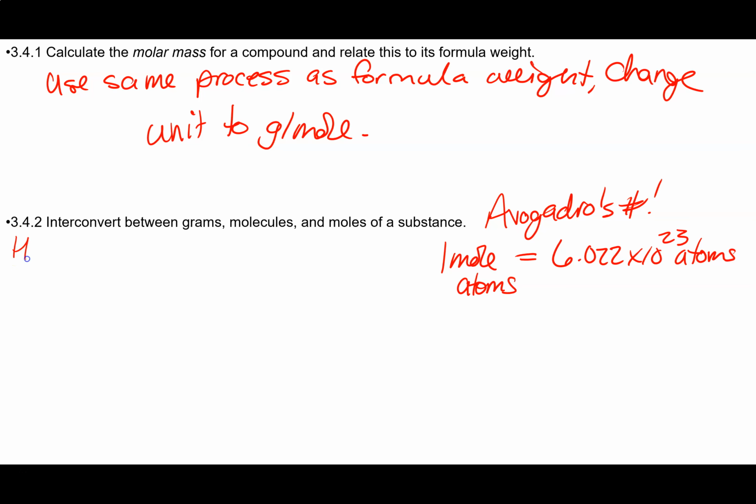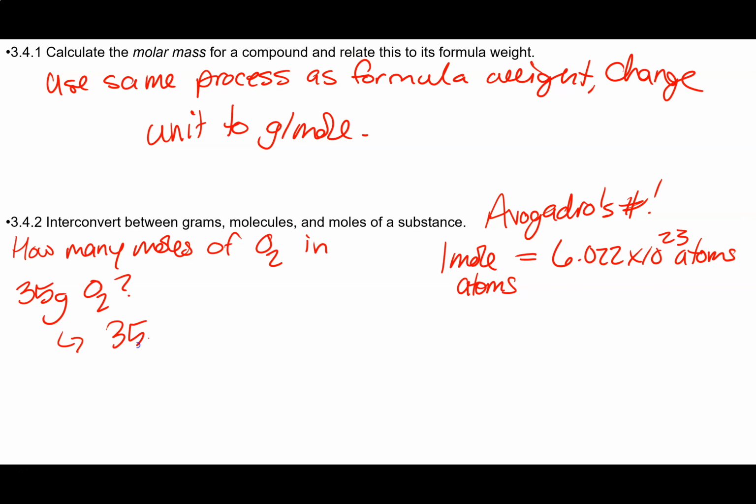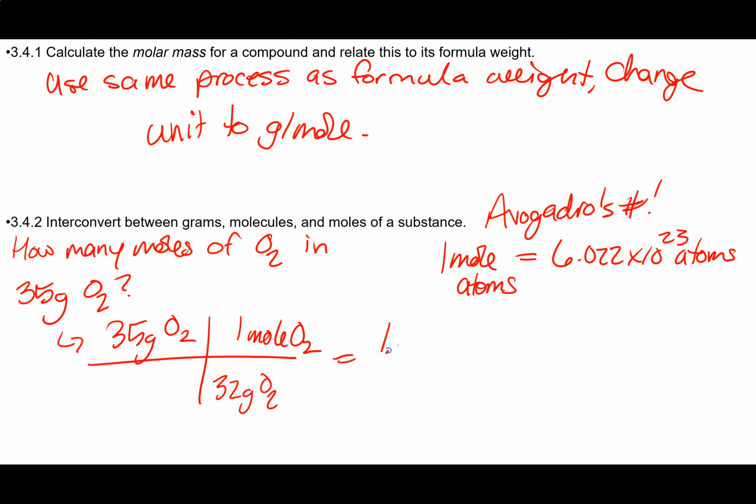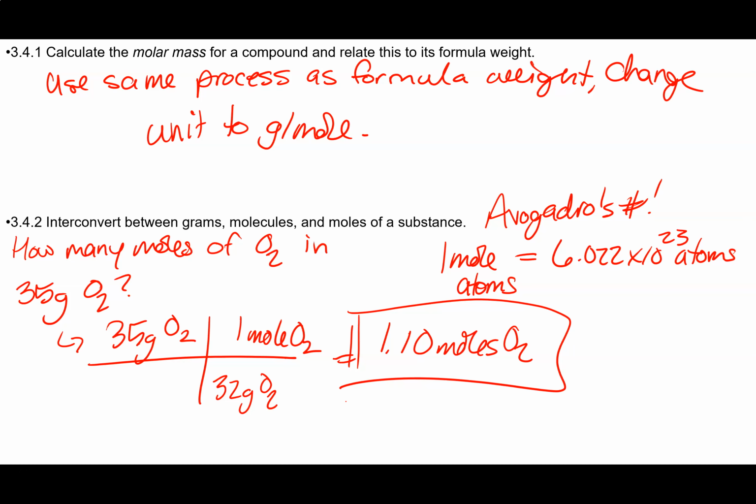If I say, how many moles of O2 are in 35 grams of O2, then I'm going to take my 35 grams of O2 and divide by the molar mass of O2. 16 times 2 is 32. And then I'm going to get a number, 1.10. I estimated. If you check it and it's wrong, don't let me know.